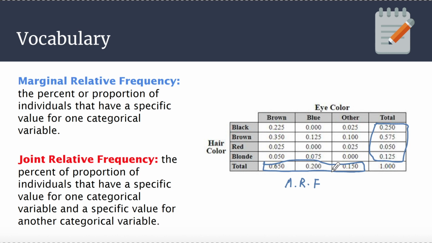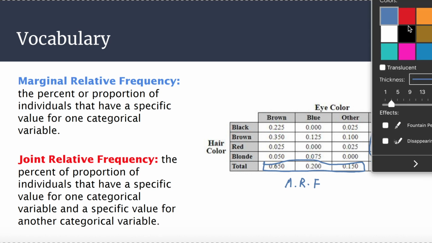You know, margins on a piece of paper are the things on the edges. So the things that live on the edges are the sort of totals, if you will, percents or proportions, and since we're talking about relative frequencies, we are talking about the percent or proportion that have one categorical variable. They're kind of like the percent totals over here, or the percent totals down there. Those are our marginal relative frequencies.